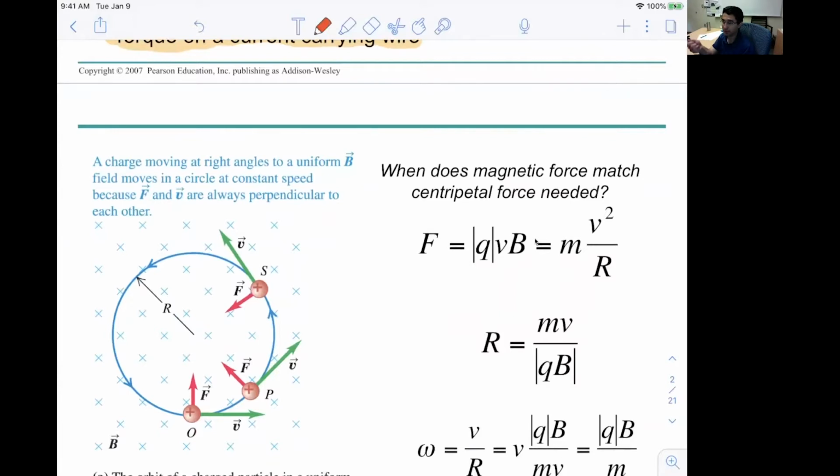So let's say you have a rope and a rock at the end, and you do the rotation like this. You have a circular motion of the rock, but the force is always along the rope, right? It's always to the center, and the velocity of the particle is always perpendicular to the rope.